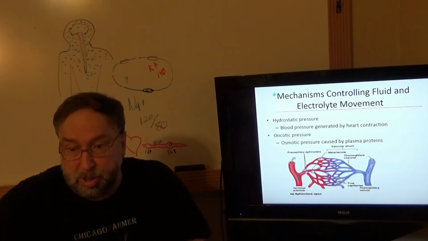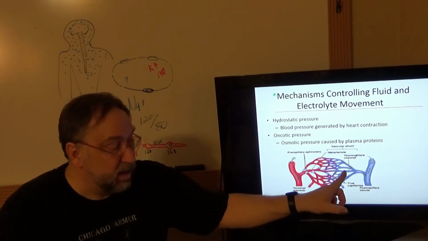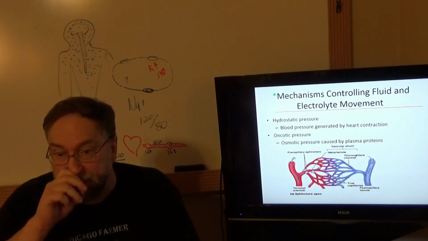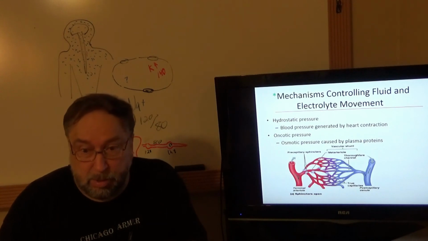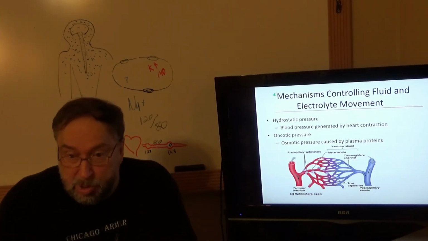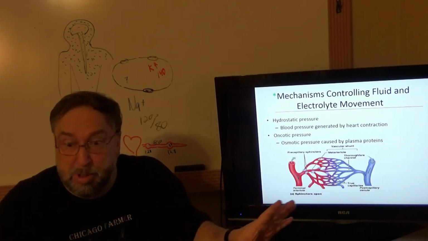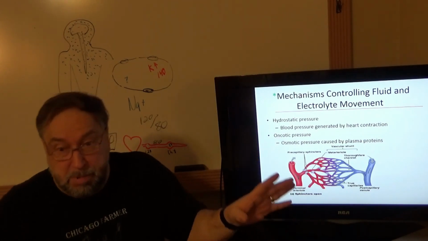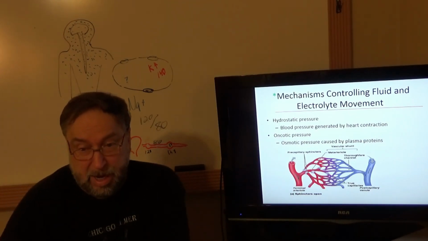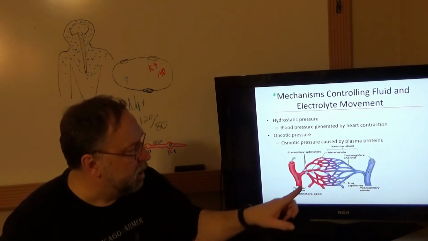Because there's a lot more solids. It's more concentrated by the time it gets over here than it is in the interstitial space, because all these solids didn't fit out there. So big old albumin gets over to the other side. Now albumin's a sponge, right? Albumin, SpongeBob.